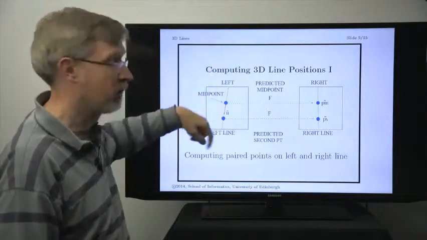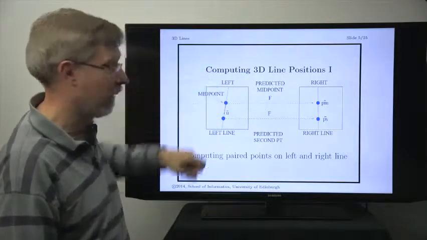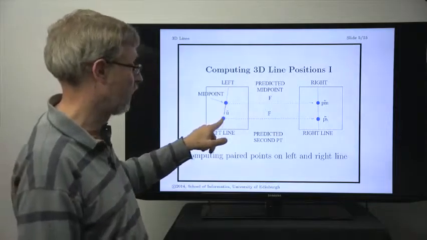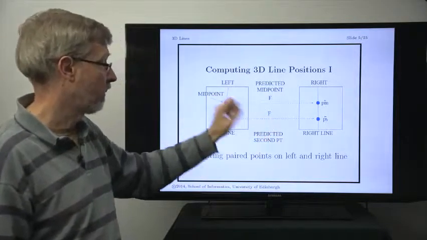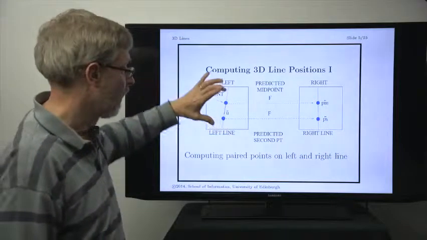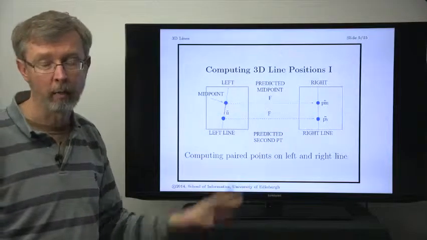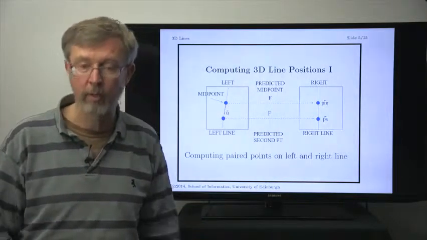So we've got our direction vector for that line. Just by taking the midpoint and adding a little bit of that direction vector, that gives us a second point. And again, with our fundamental matrix, we can get a corresponding point on the second line. So we've got a couple of matched points on the left line and the right line. We're going to use that in our geometric calculation right here.